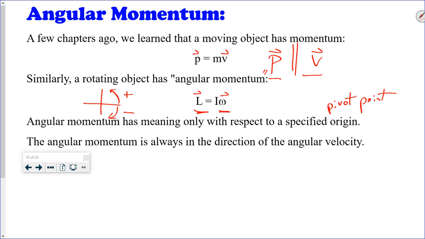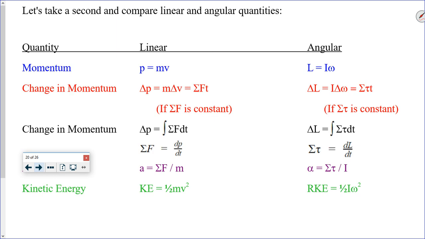I'm not actually going to do a straight example where we just calculate angular momentum. Instead, I'm going to jump into conservation of angular momentum, and as we do that, we'll do a couple of these calculations, all right? Yeah, so let's just do it. So before we do our example, I want to take a quick second.